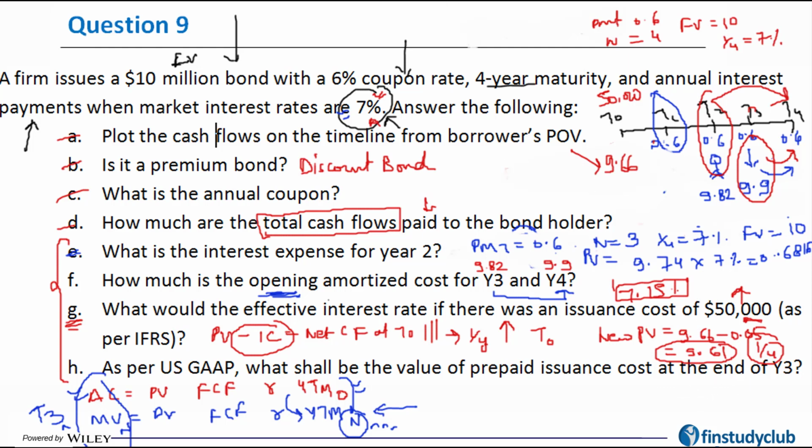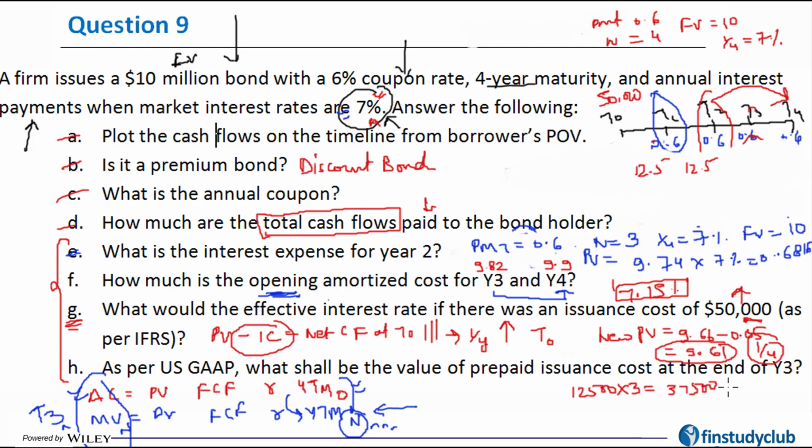The $50,000 amount is being depreciated, or taken to P&L, at a constant rate of 12,500 every year. So by the end of the 3rd year, the amount already taken to P&L is 37,500, which means the remaining prepaid cost in the books is $12,500 only. So this becomes my answer.